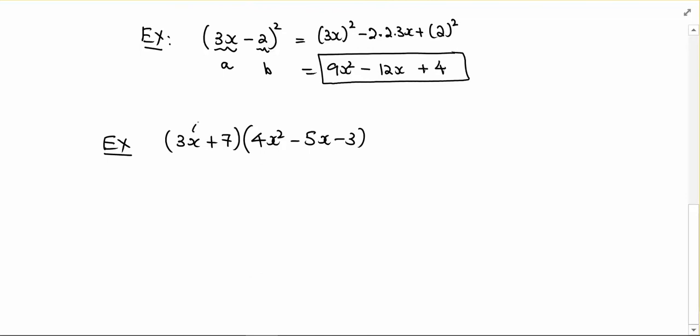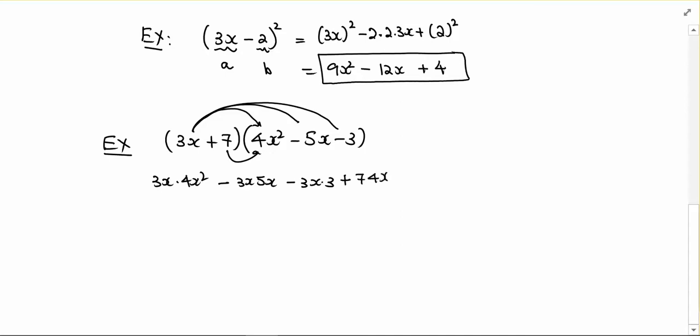Using distribution, you go 3x times 4x squared, 3x times minus 5x, 3x times minus 3, plus 7 times 4x squared, 7 times minus 5x, and 7 times minus 3.